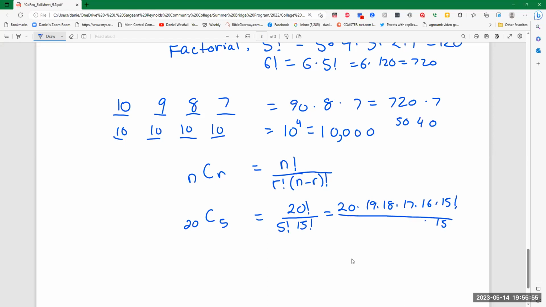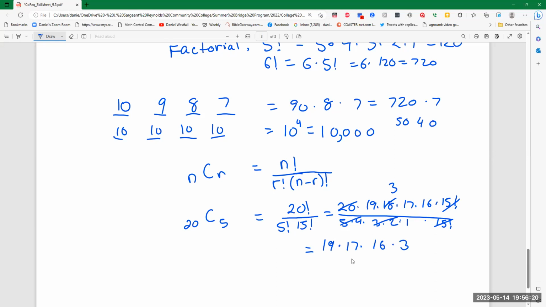There's a 15 factorial here that's going to cancel out. There's a 5 times 4 times 3 times 2 times 1 here. This 5 times 4 is that 20. 3 times 2 is 6. It goes into there 3 times. Forget about that 1. So we're left with 19 times 17 times 16 times 3.